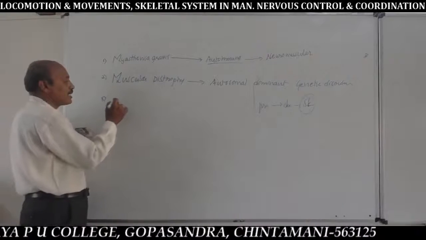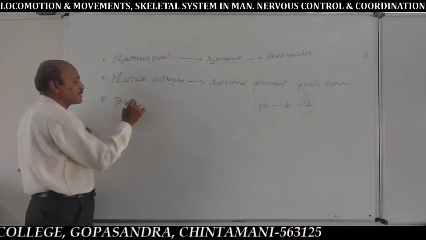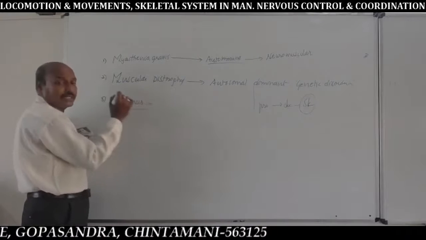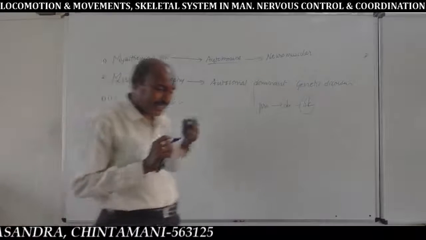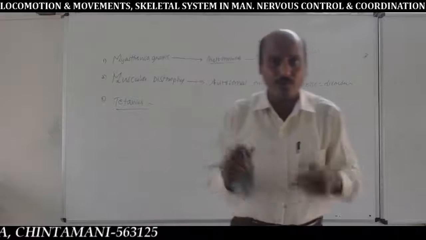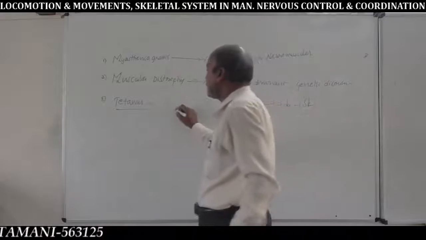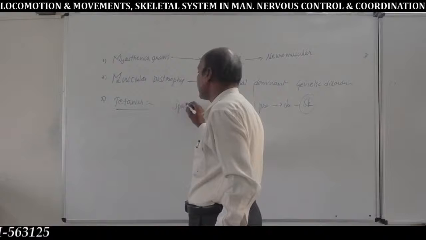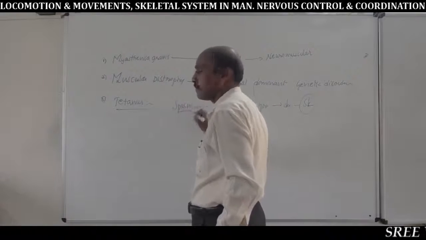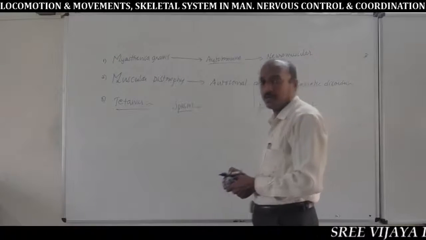And next one is the tetanus disorder. It is caused due to spasm of muscles, S-P-A-S-M. Very important, you should remember.